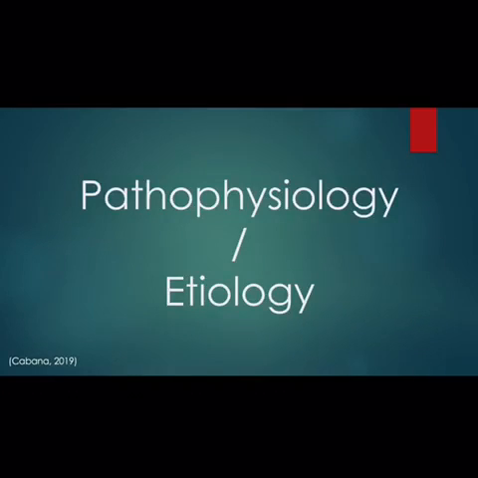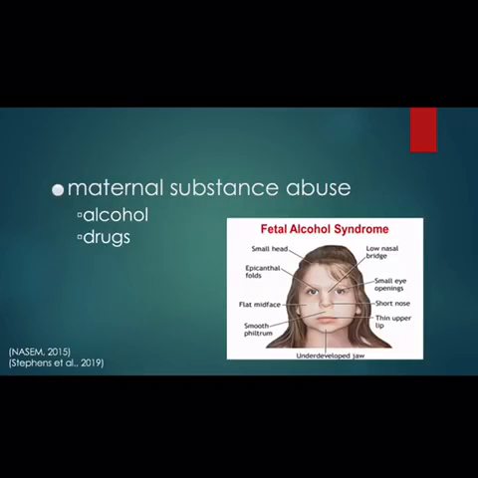ID is typically caused by abnormal development of the central nervous system or by an insult to the brain either before, during, or after birth. Potential causes include maternal substance abuse with alcohol or drugs, and I included a picture of fetal alcohol syndrome as it is a common environmental cause of ID.